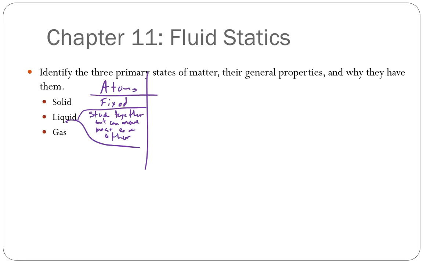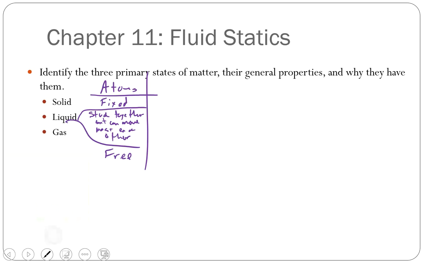What about gas? Neither stuck together and they can move around. They're free. The atoms can go wherever they like in a gas. So the fundamental difference between solid, liquid, and gas is the motion of the atoms. But those motions give us then some outcomes.